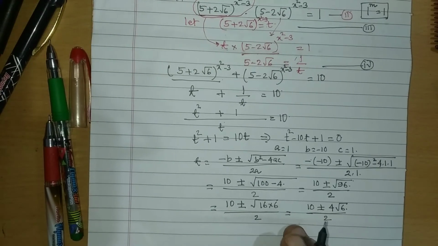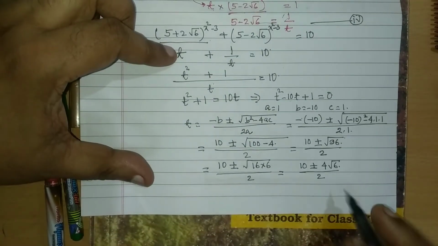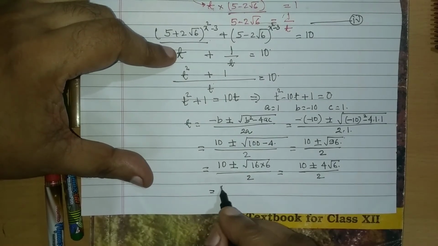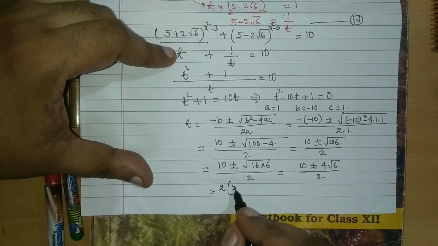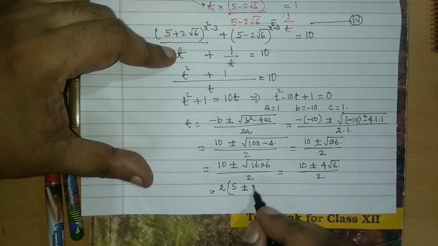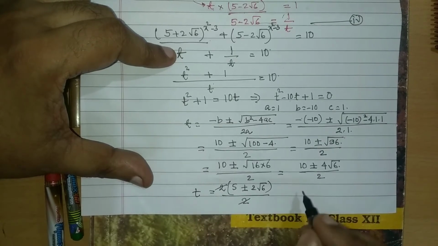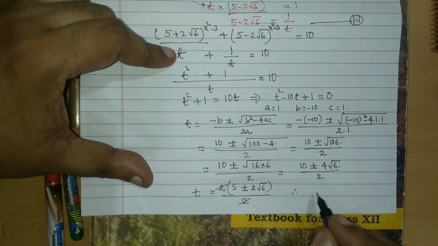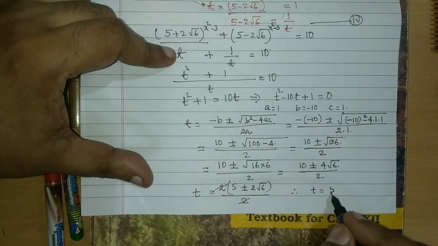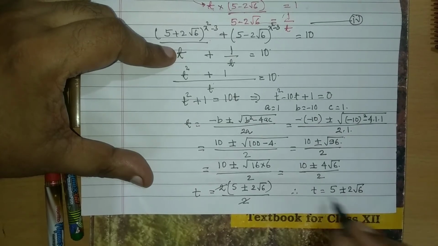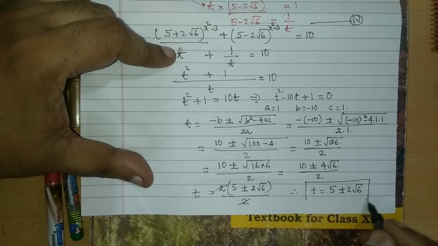Now we will divide each term by 2, or we can take 2 common. So 5 plus minus 2 root 6 divided by 2. 2 will cancel. So t is equal to 5 plus minus 2 root 6. So this is the value of t.